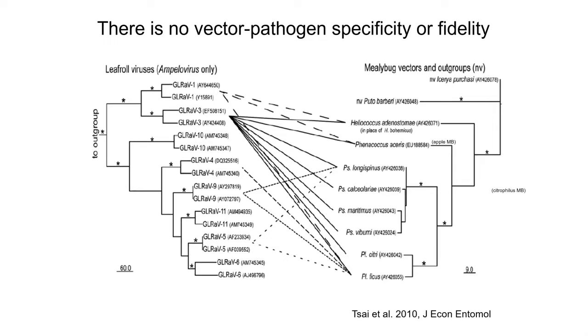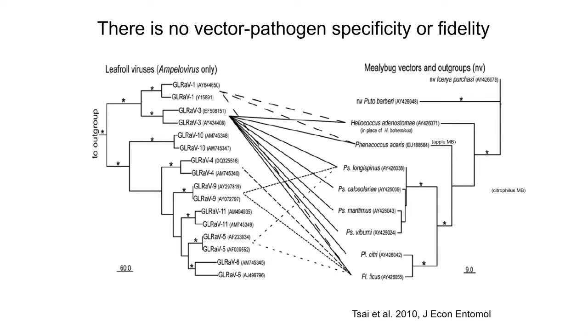And notice that for the leafroll species or strains, most everything, these connect the dots, are going to Leafroll 3. That's just because Leafroll 3 is the most common leafroll group around the world, and so most of the studies have been done with that as well.